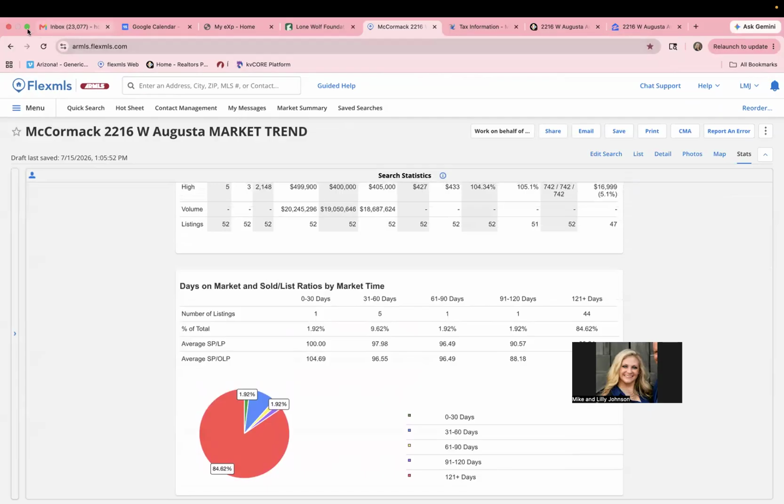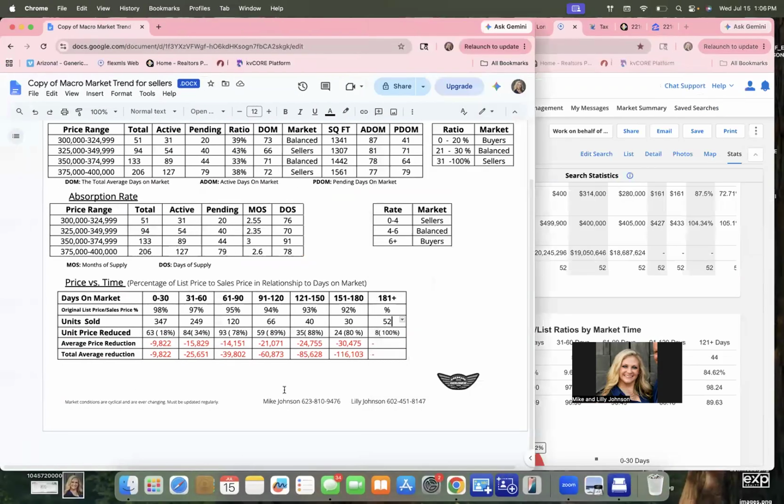So we're going to go over here. 90%, 52, 47. Should be 100%, but something's funky. That's all right. It gets the point across. I did it backwards again.